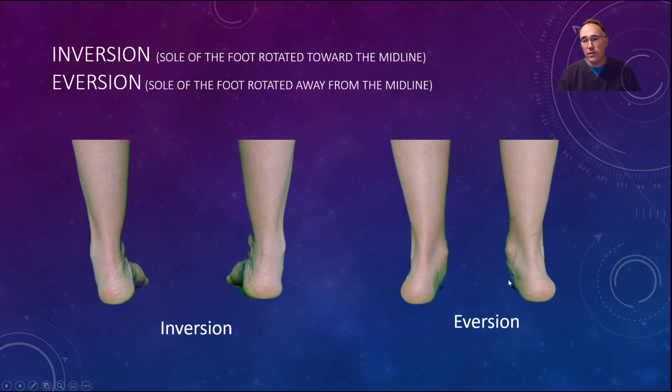And eversion is the sole of the foot is rotated away from the midline. So this is just happening down here at what's called the subtalar joint. We have our ankle joint up here, and then the subtalar joint down here is providing this motion. So eversion is away from the midline, inversion is towards the midline. So rotating the sole of the foot either towards the midline or away from the midline.